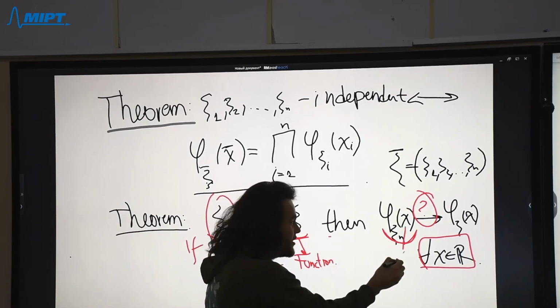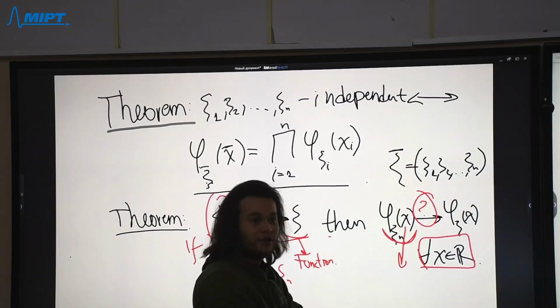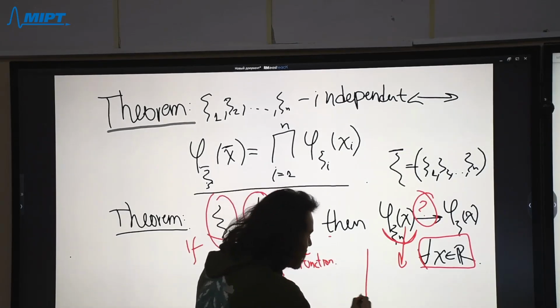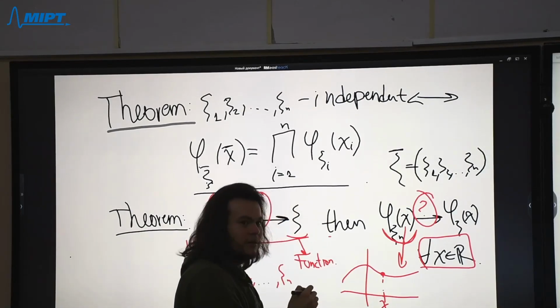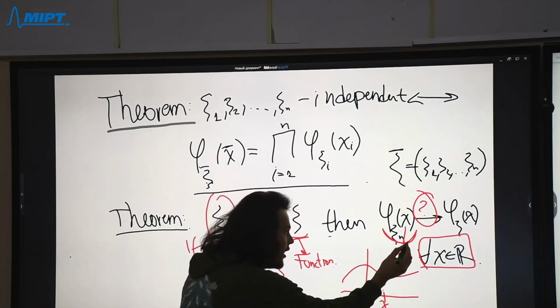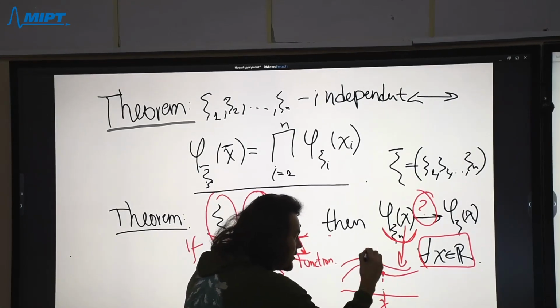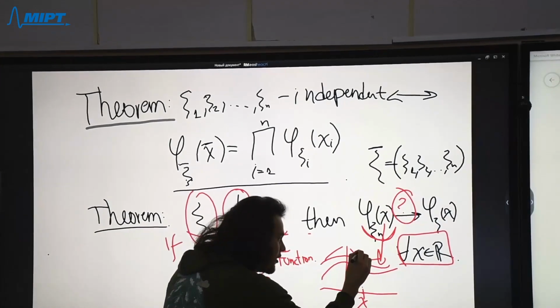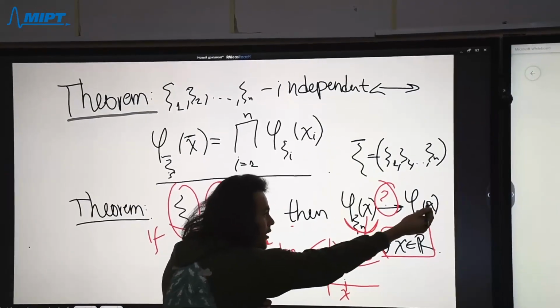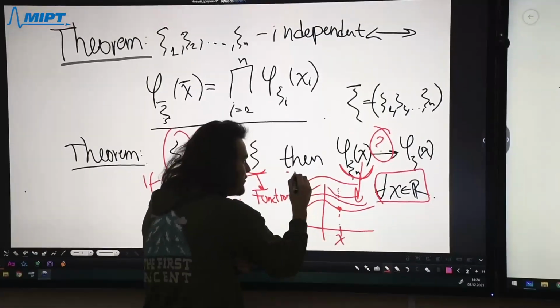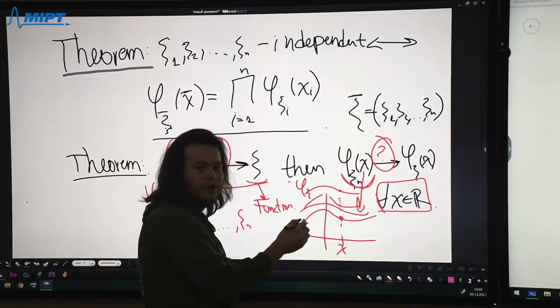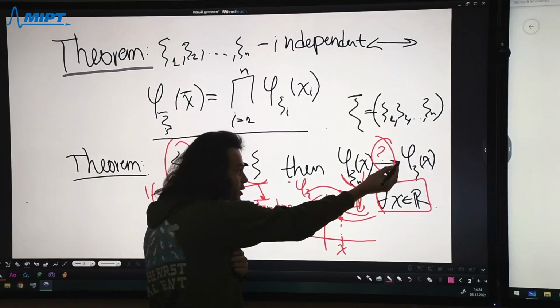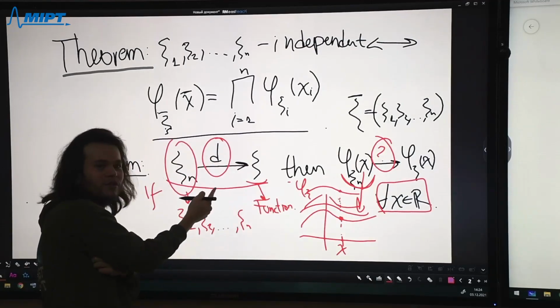So x is some fixed value, and we are taking these points, and we are saying that these points converge to phi of psi. So this is a sequence of points, and this is a sequence of functions.